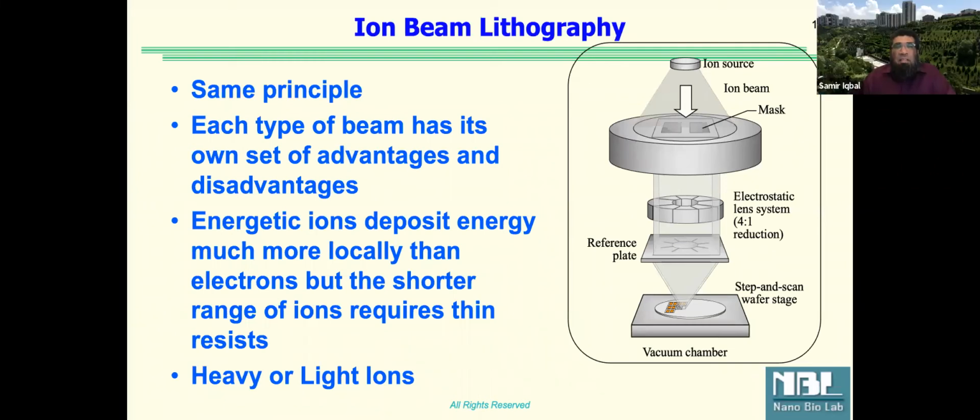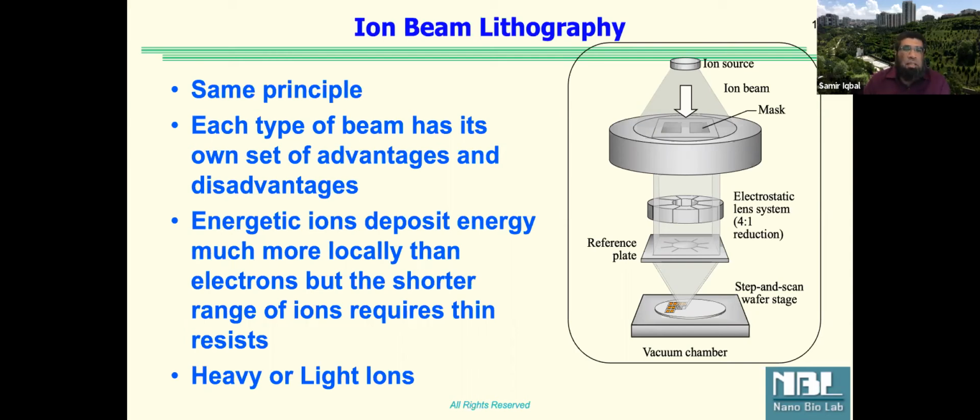Yeah. So now you have a bigger particle, but you cannot write as small as you can write with an electron, right? But you can transfer more energy. So it's the same principle, but you probably have more variety of things that we can write because we can change the ion source.